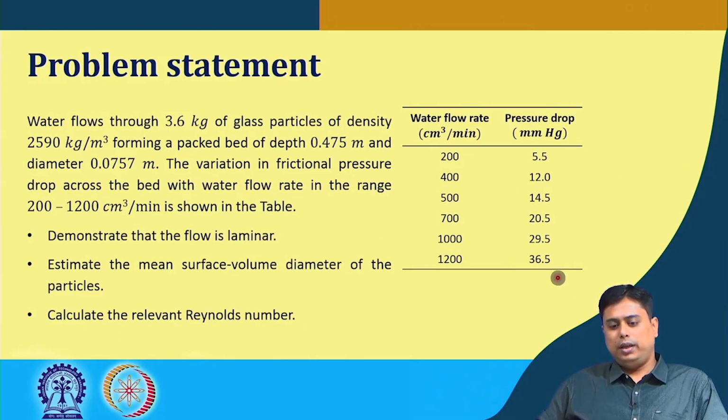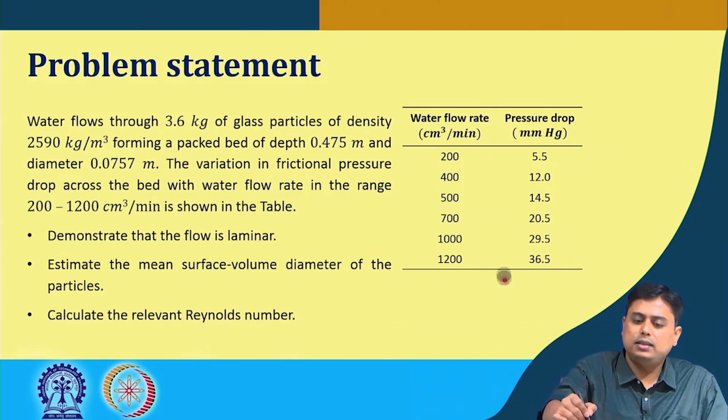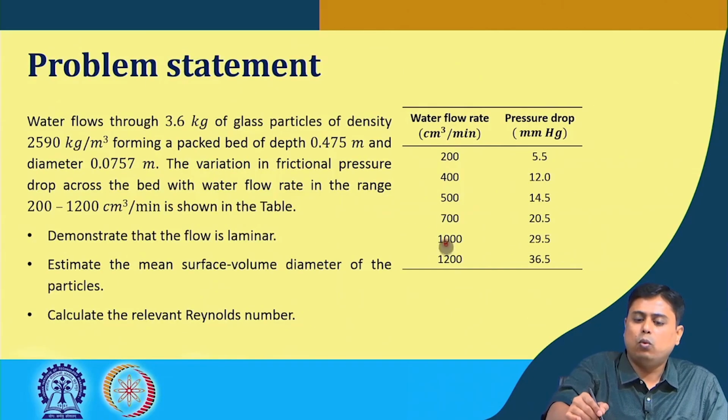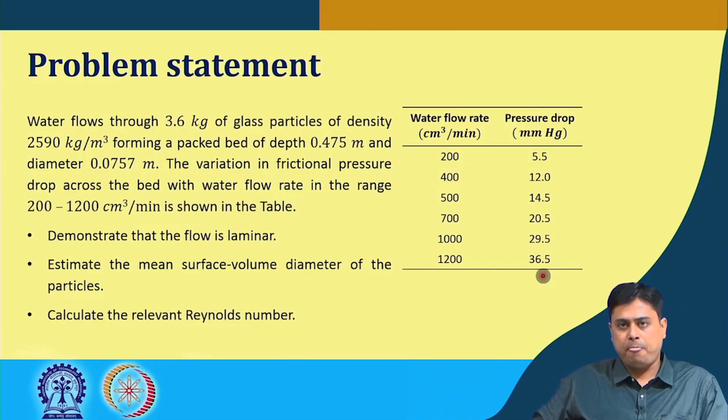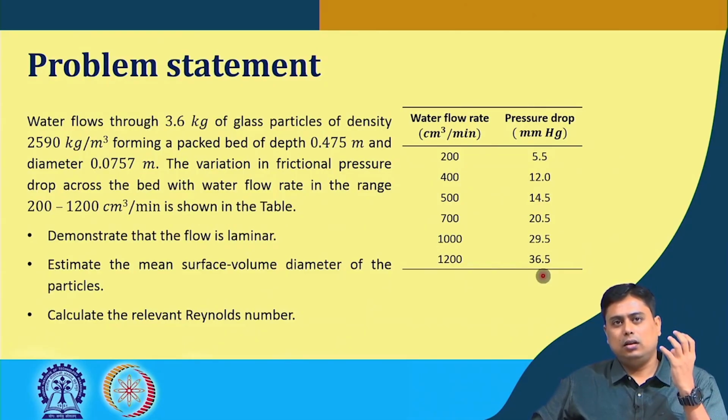So, here the first part is that we have to understand this flow rate versus pressure drop value. We have water flow rate, we have pressure drop value, which means that there are glass particles.